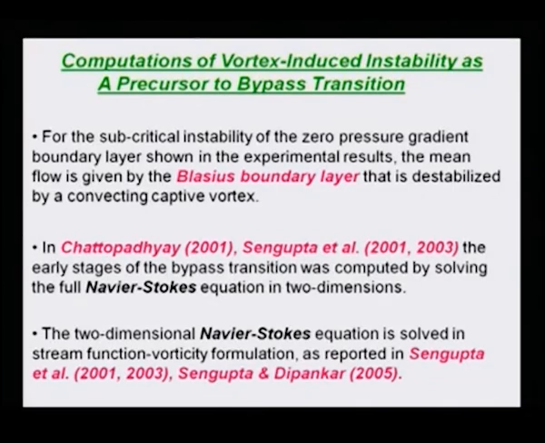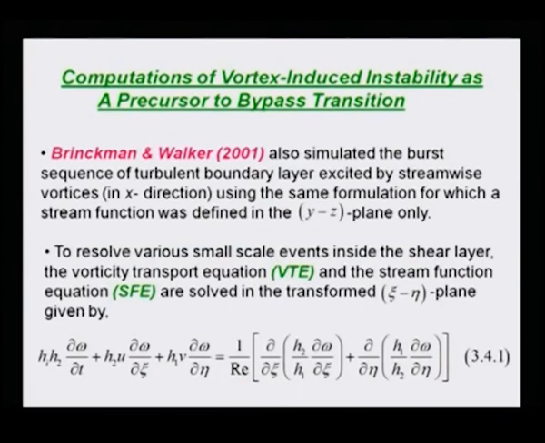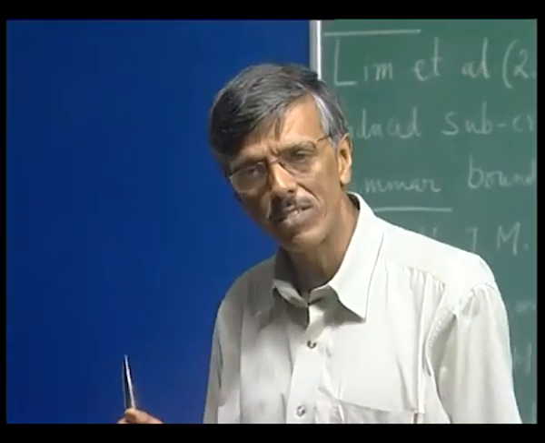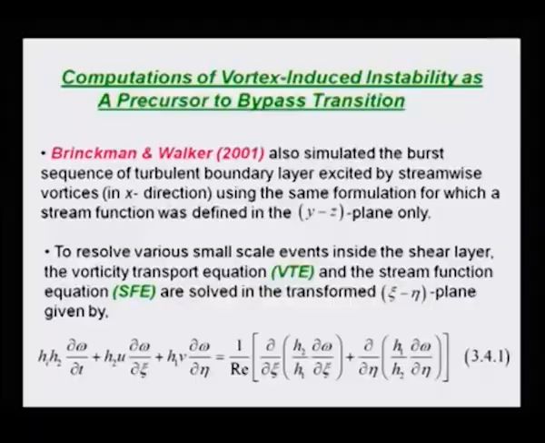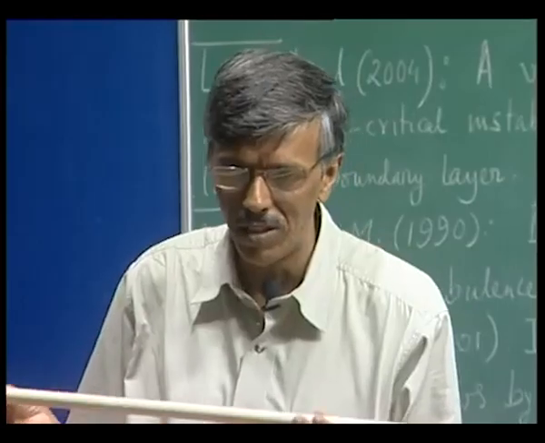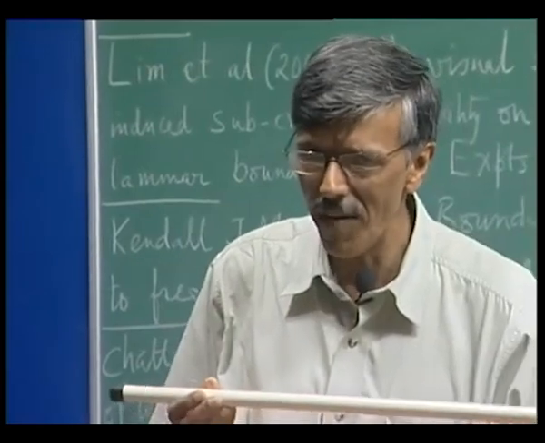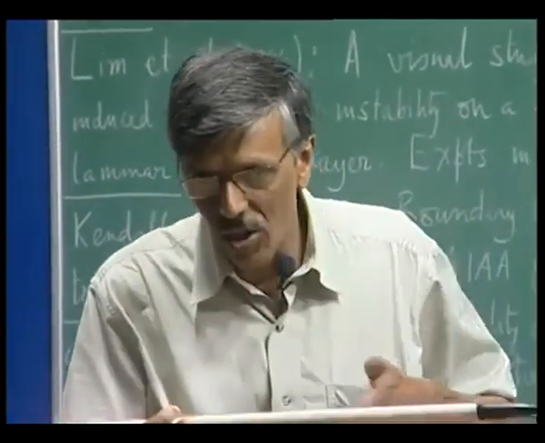Okay. So, we mentioned that even for 3-dimensional flow, you can mimic this point of view. That is what Brinkman and Walker did. They looked at turbulent flow, and suppose the flow is in this direction and I have streamwise vortices. If I have that, then I study a cross flow plane.